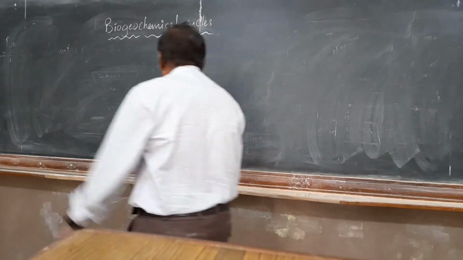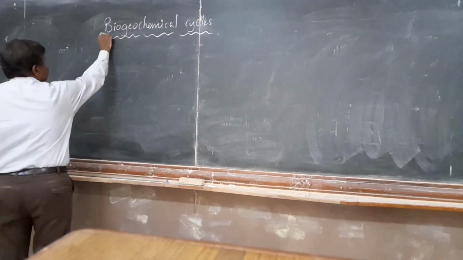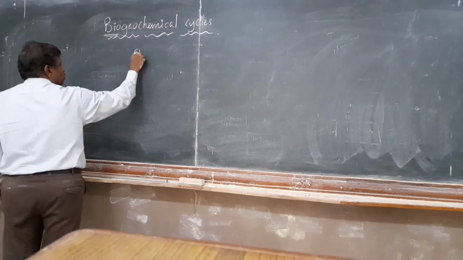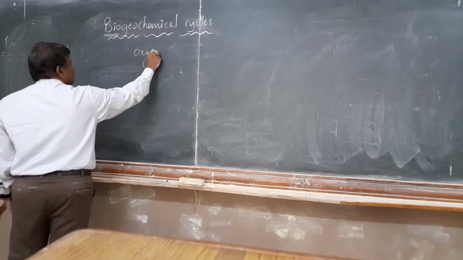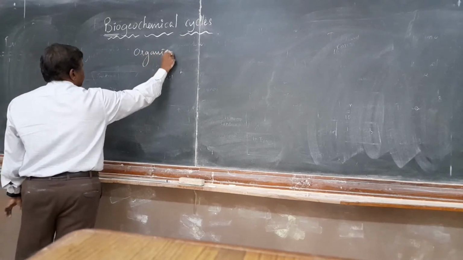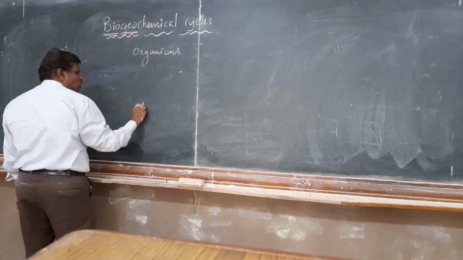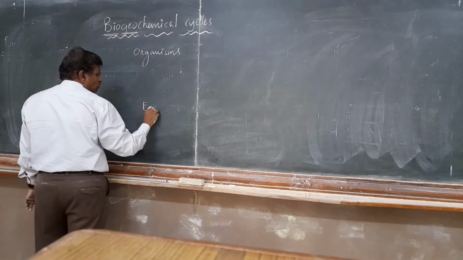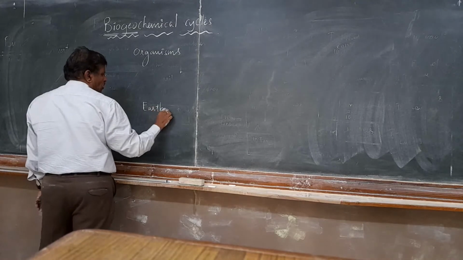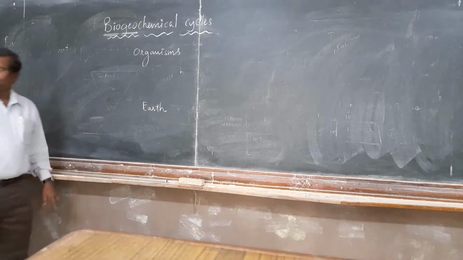Here, bio refers to organisms, the living things. Geo means the earth.